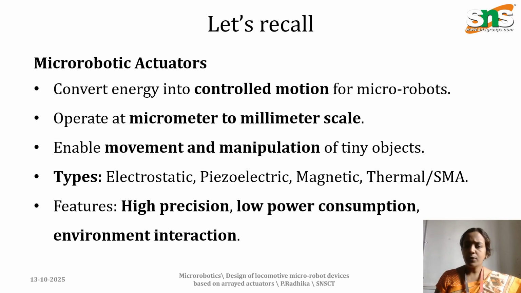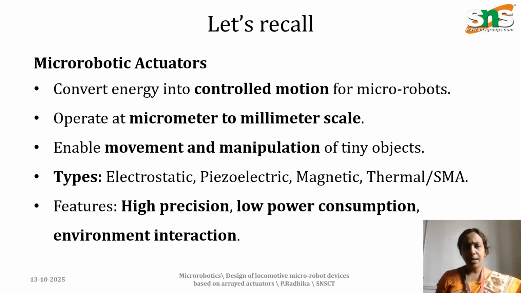Usually robots need some kind of device for its movement, which is called a micro robotic actuator. There are types of actuators. The first one is electrostatic actuators, piezoelectric actuators, magnetic actuators, thermal actuators. Based on the movement, based on the need, we can select the actuator.